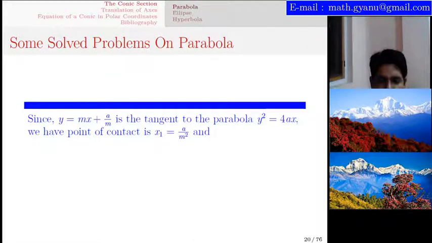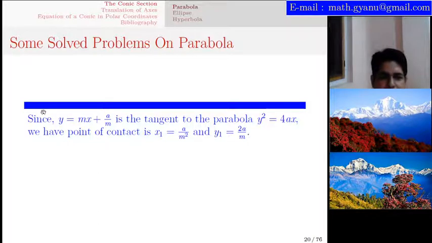There will be x1 equal to a by m square and y1 equal to 2a by m. While you solve, you will get the point of contact x1, y1.